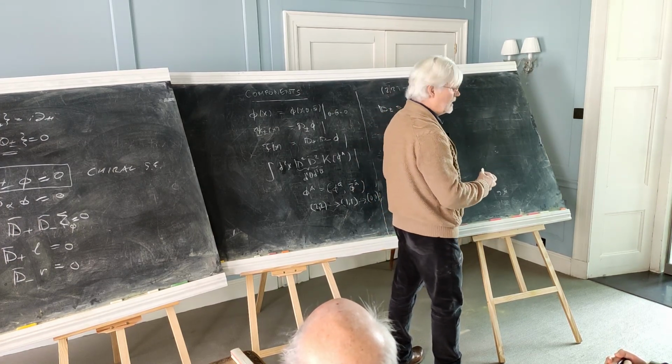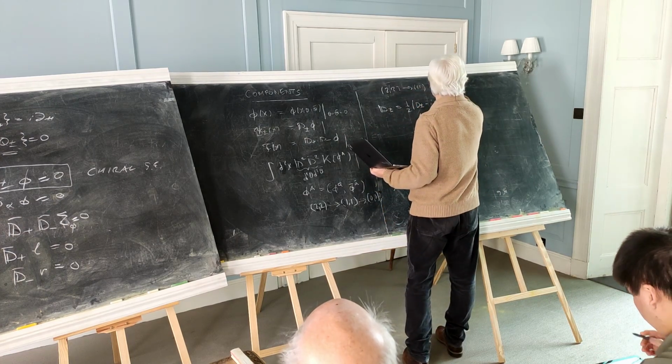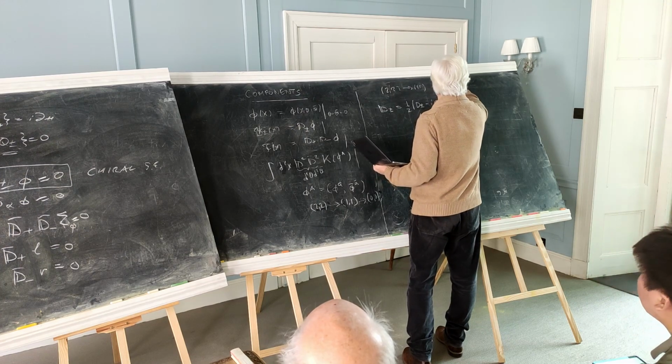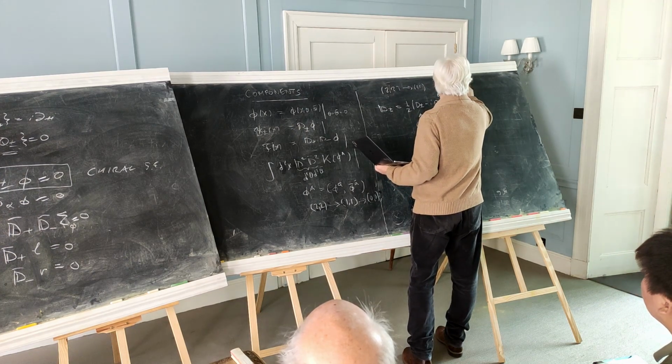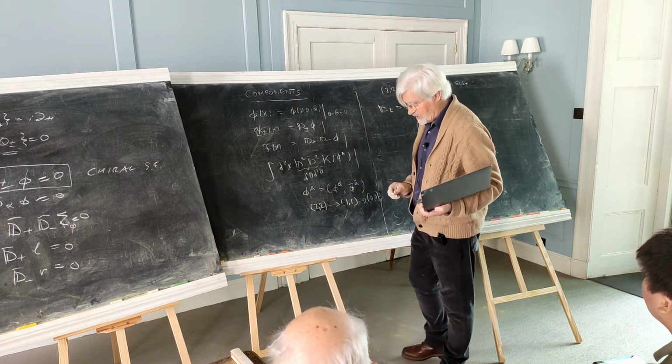So there will be additional non-manifest supersymmetries. I'm not sure extra supersymmetries is a good way of stating it.